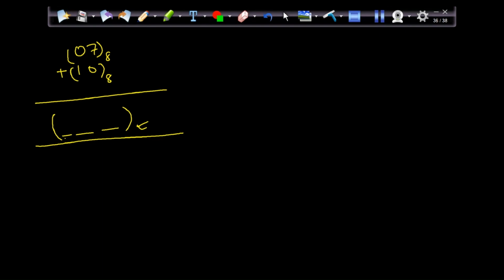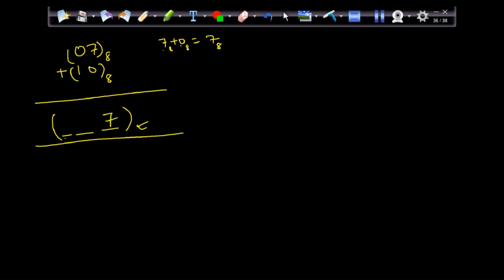Now when you add the digits at the ones place, it is 7 plus 0. 7 plus 0 is nothing but 7. 7 in octal plus 0 in octal, it means you don't have to move any step ahead of 7. Then what is the result? It's still 7 only.